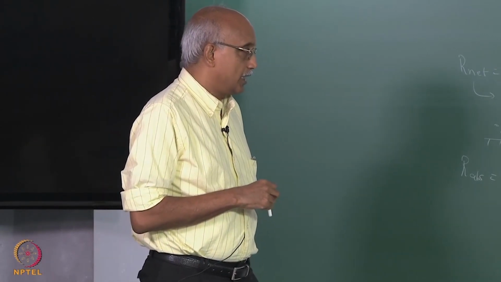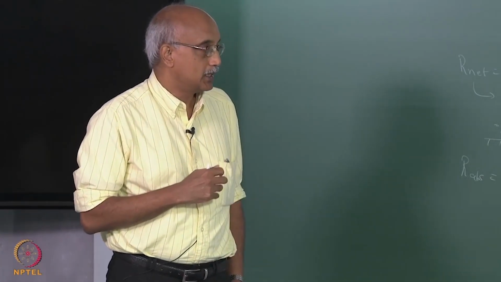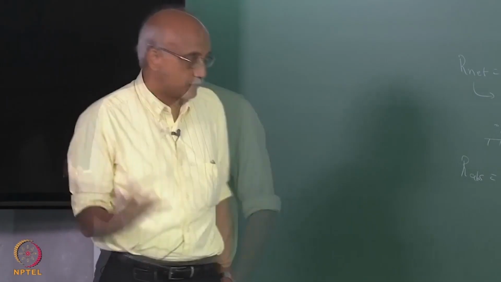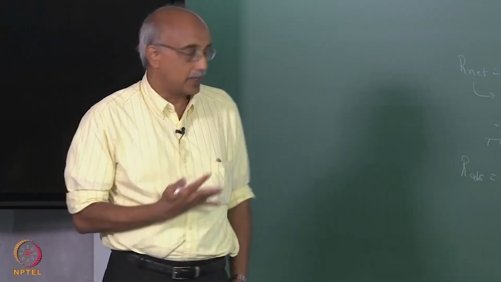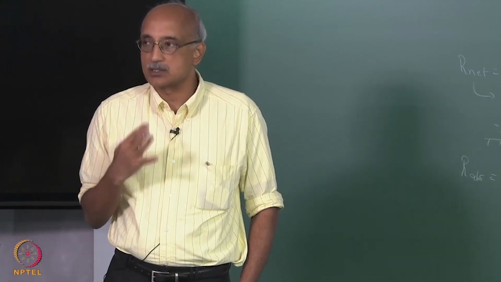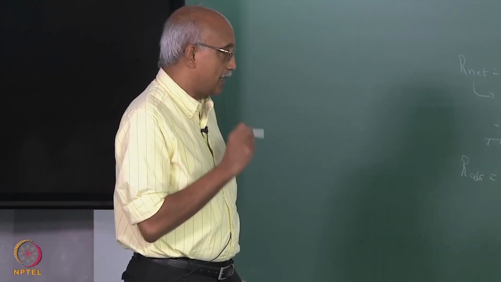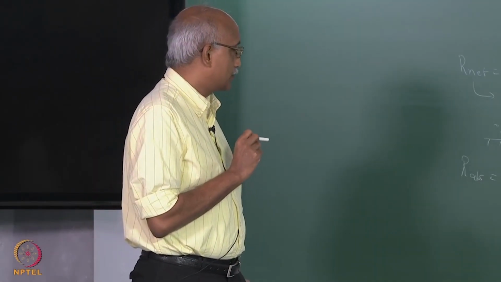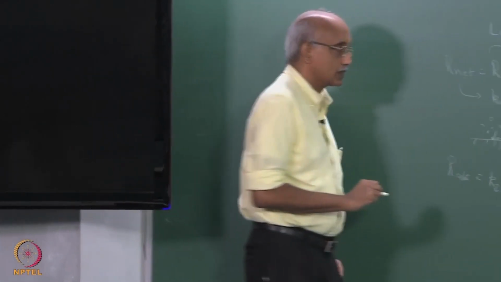So, K 1, K 2 and K 3 can therefore be obtained from the kinetic theory of gases, as well as some experimentally obtained constants that describe the rate processes. Once you have this, you can then proceed to calculate essentially R net.